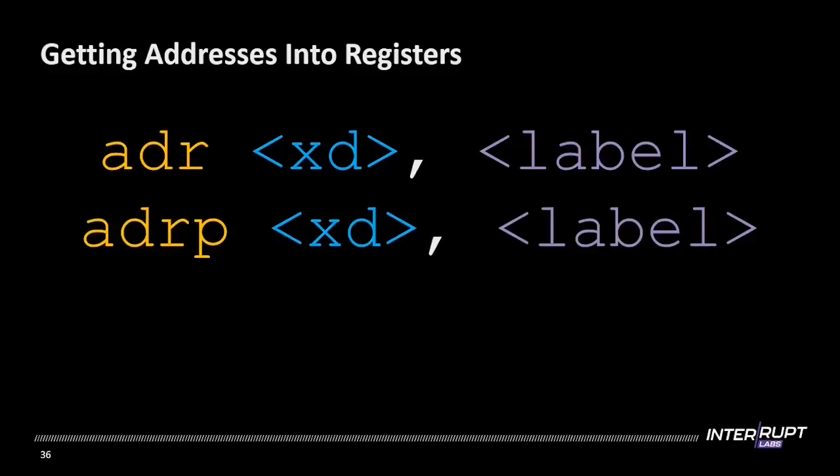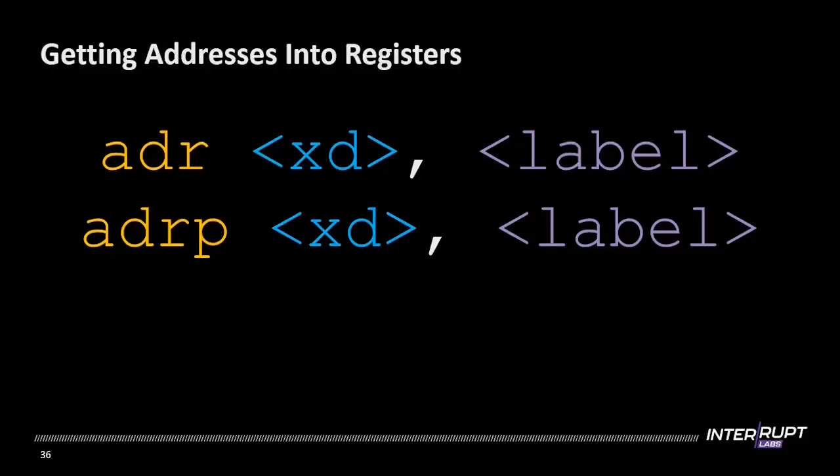Then there is ADRP, which stands for address relative page. This will load the address from the page containing label into Xd. A page is 0x1000 or decimal 4096 bytes of memory, and it will always be aligned, so the last 3 nibbles of the address will always be 0.